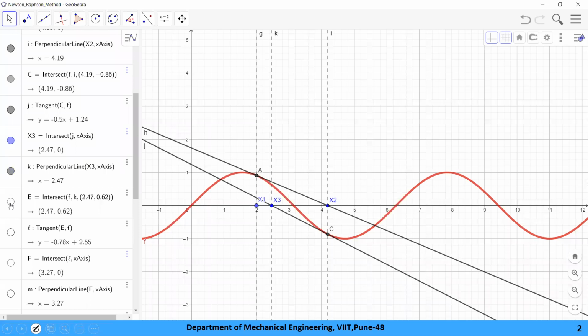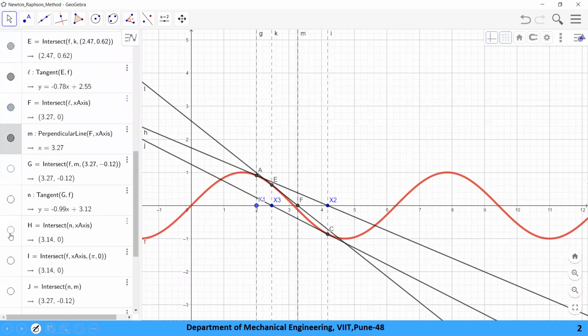If that is not the root, again you have to follow the same procedure. Draw perpendicular, E point से फिर tangent बनाओगे कर्व को, जहां पे कर्व intersect होगा to the x-axis, F, that might be your root, or else you have to proceed further. You have to proceed further until you reach the root.